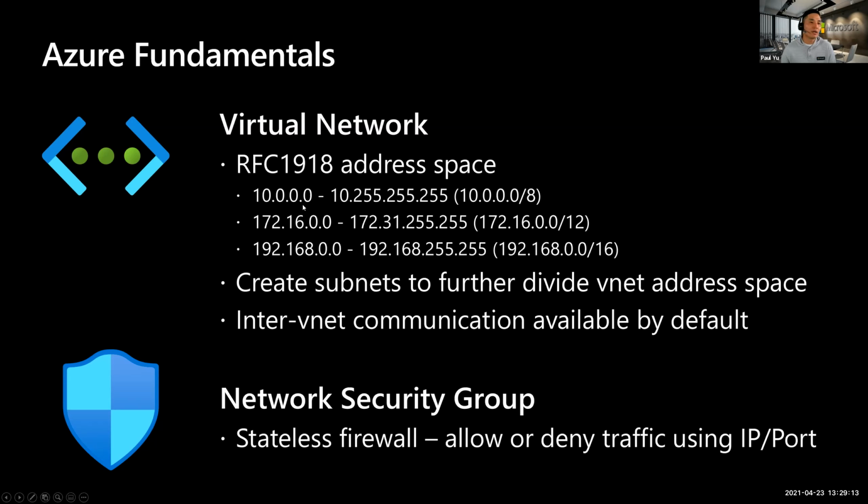Azure will help you. If you don't know the address, it'll pre-fill it and take the defaults. If you're not communicating with other virtual networks, then it won't be a problem. If you want to connect virtual networks together, then you have to make sure that you're planning the address space very well. But that's what that is here.